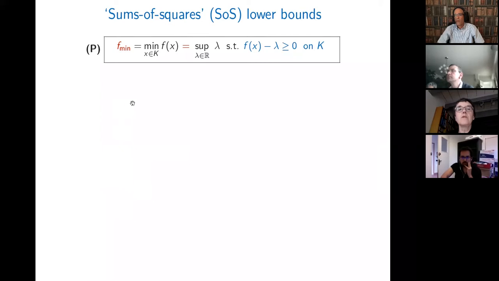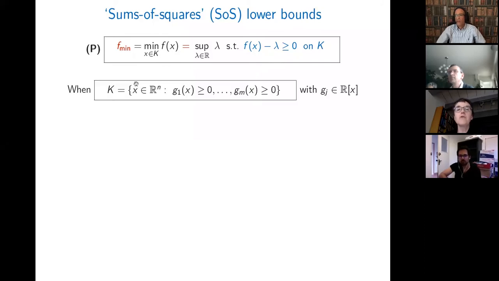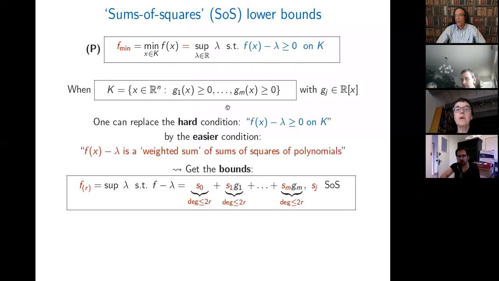So let me start with a brief recap on the most usually studied hierarchy of lower bounds for polynomial minimization. Here is the problem we're interested in. We want to minimize f over K. Quite obviously, this is the same thing as trying to find the largest scalar lambda for which the polynomial f minus lambda is non-negative over the set K. Now, if we assume that our set K is semi-algebraic, which means that it is a solution set of a bunch of polynomial inequalities, g1(x) non-negative, ..., gm(x) non-negative, then there is something we can do in order to attack this problem.